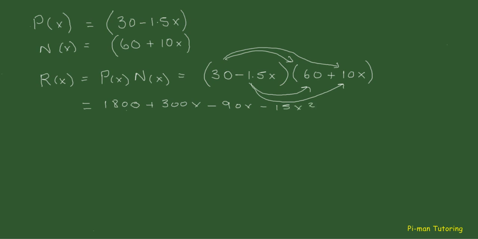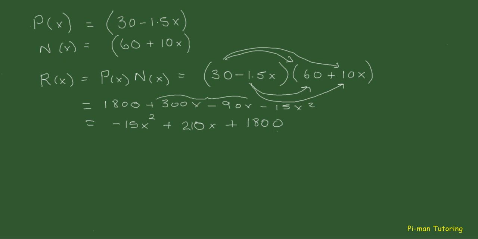squared. So let's just rearrange this to look like a standard form quadratic. Negative 15x squared. We can combine these two x terms. Gives me positive 210 x's and plus the 1800.